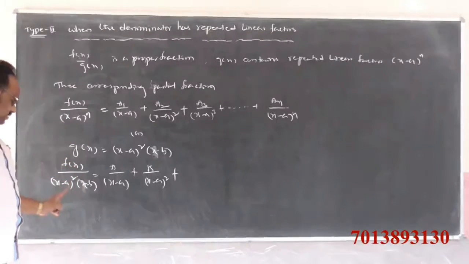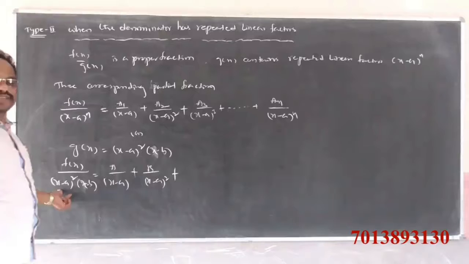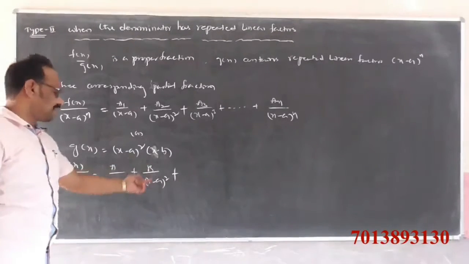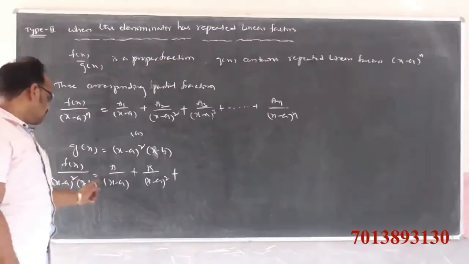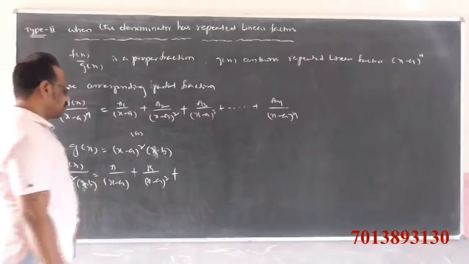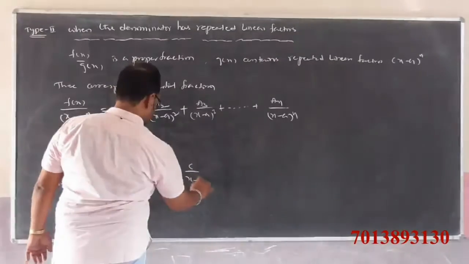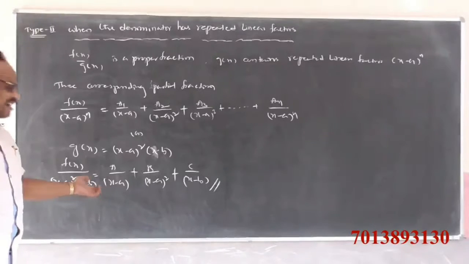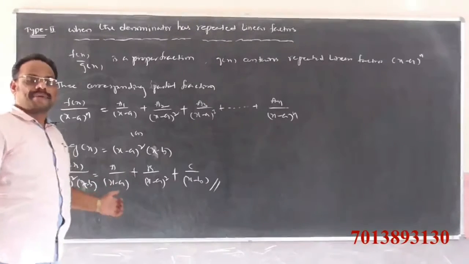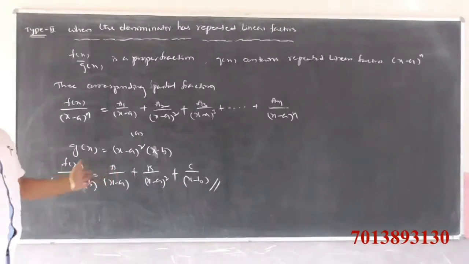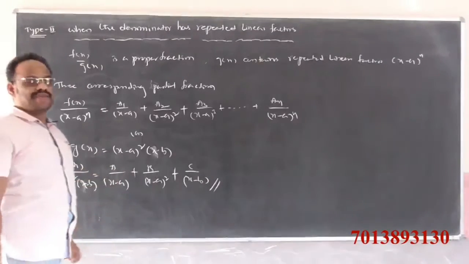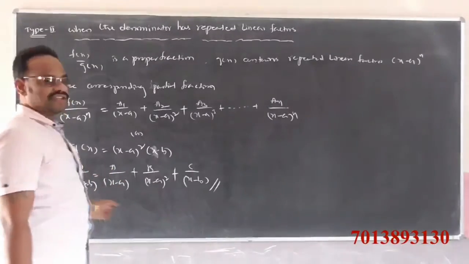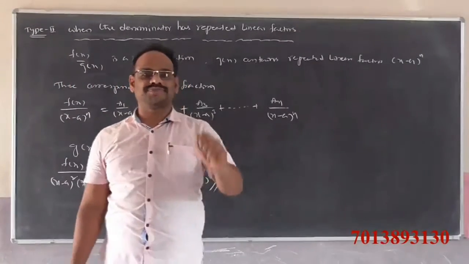Here x minus a whole square is a repeated linear factor, so it can be written as a by x minus a plus b by x minus a whole square, plus, since it contains a non-repeated linear factor, c by x minus b. First of all, it can be written like this, and if you do the LCM and compare LHS and RHS, we get the values of A, B, C. So f of x by g of x is converted into partial fractions.